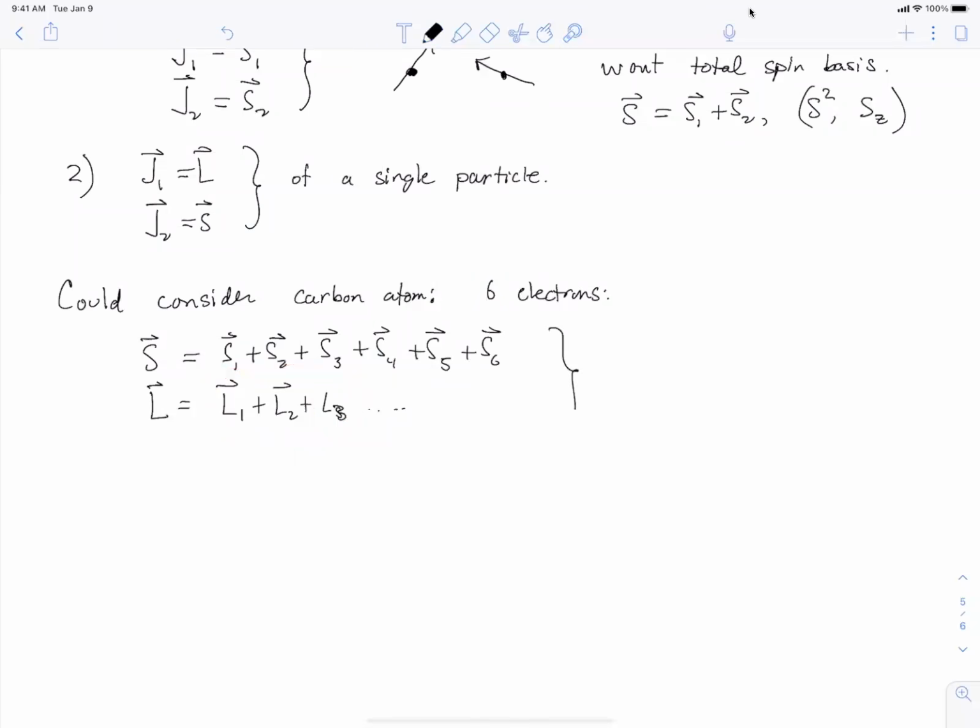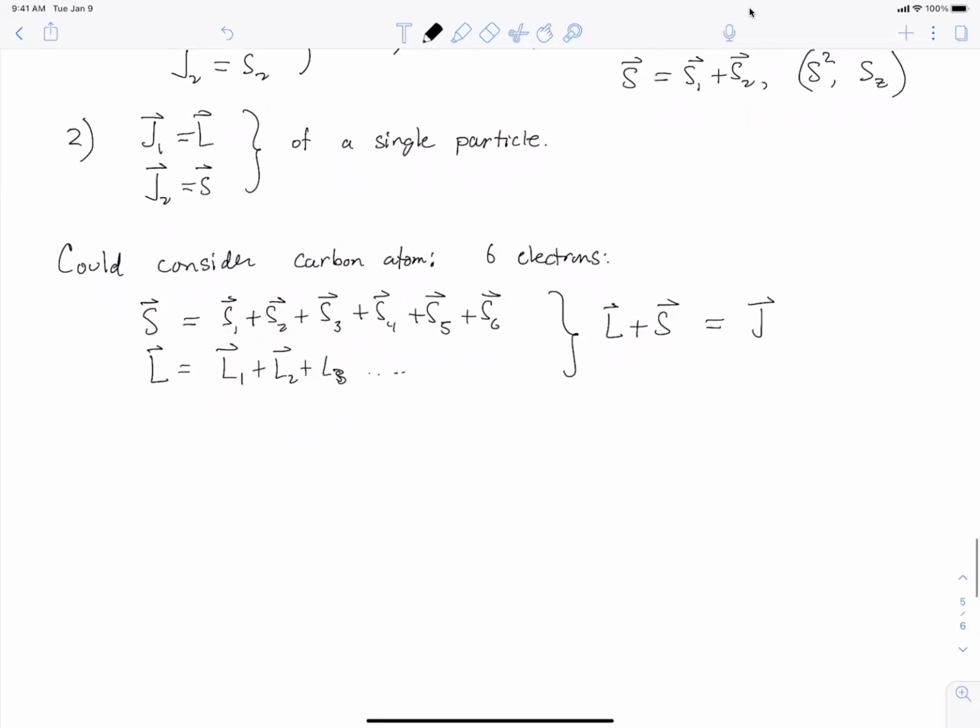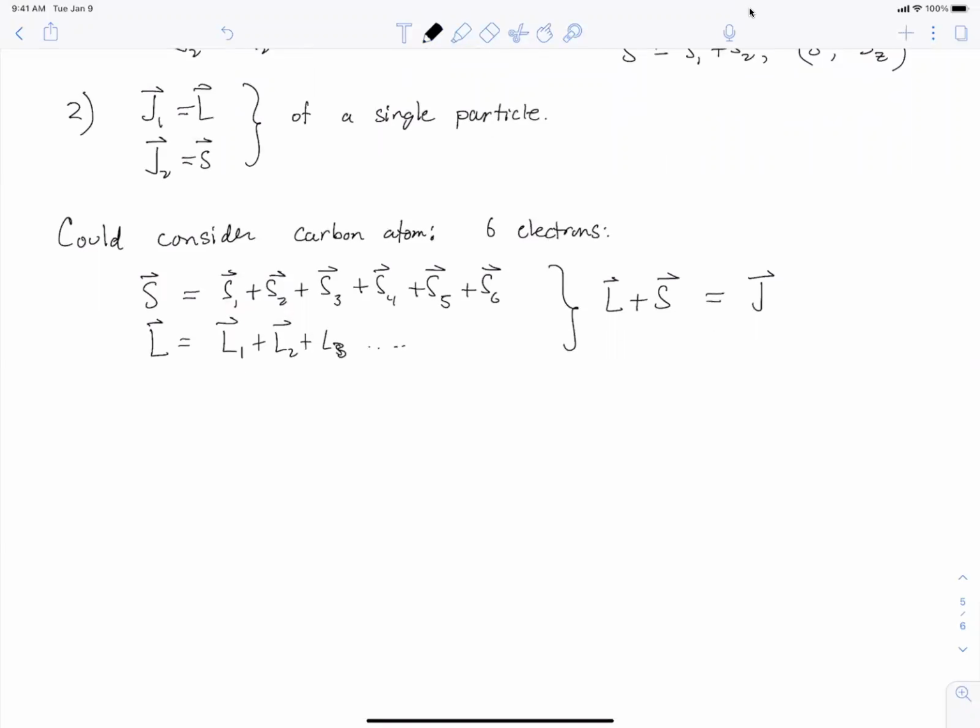And then once you're done with that, you add together the orbital and the spin angular momenta that you got for the totals to get the real grand total J for the whole atom. Of course, that's not actually including the nucleus. That's a whole other story that you could add in as well. Okay, but this is actually complicated somewhat by the fact that these are identical electrons, another thing we will get to in the next semester.